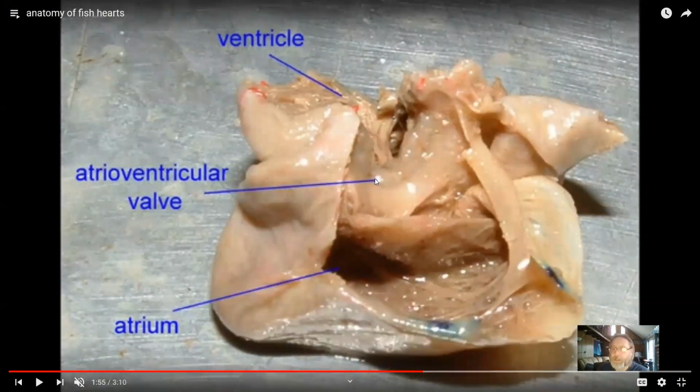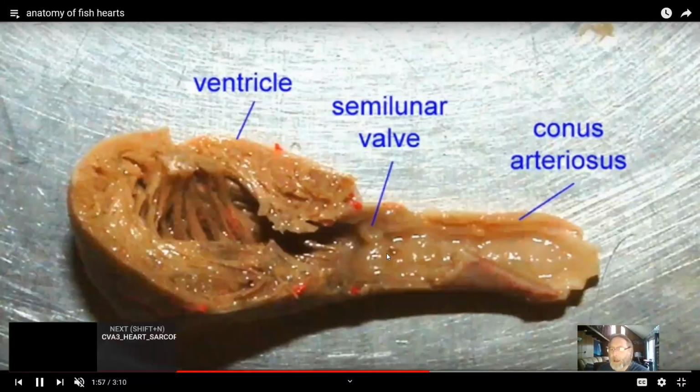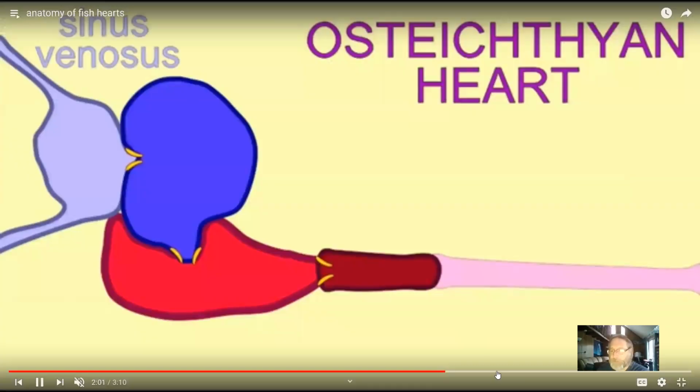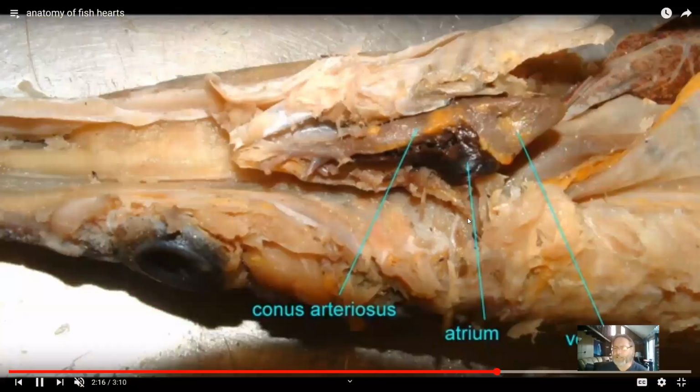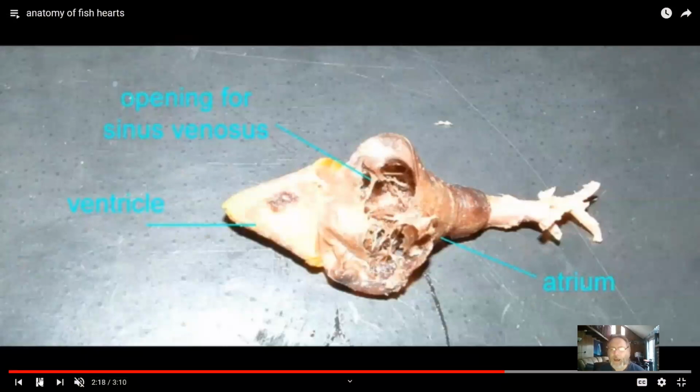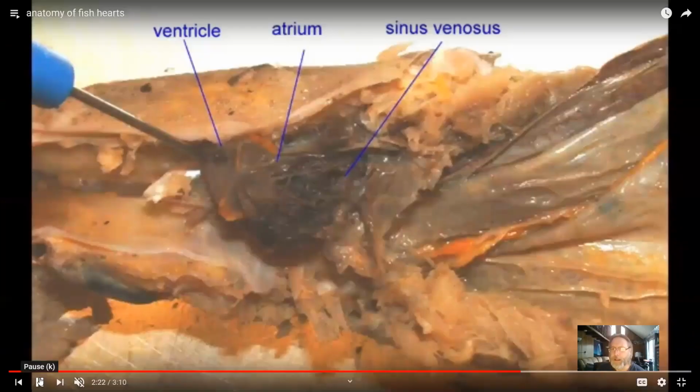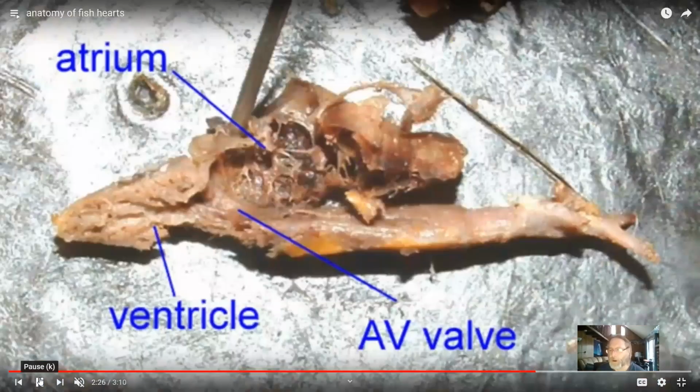There are valves, right? So there are atrioventricular valves and semilunar valves in these hearts, and then similar things in the hearts of bony fish like the gar and the bowfin that I have here. There's a sinus venosus, an atrium, a ventricle. There are valves.